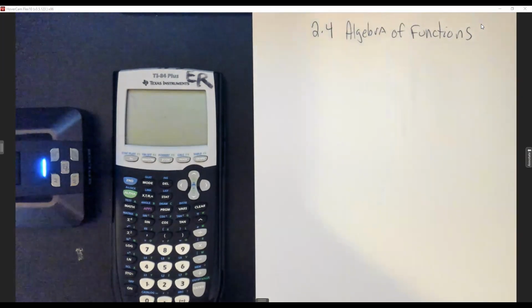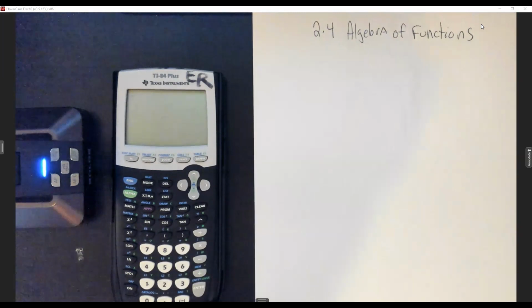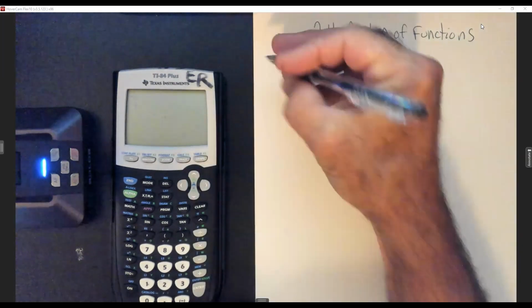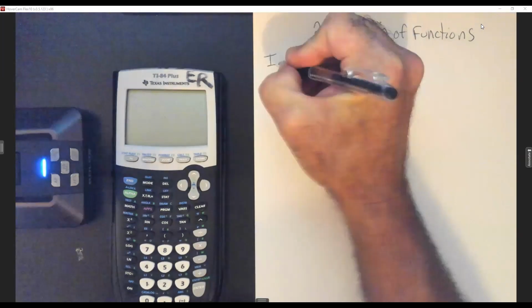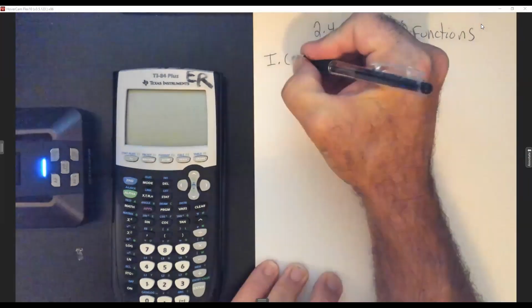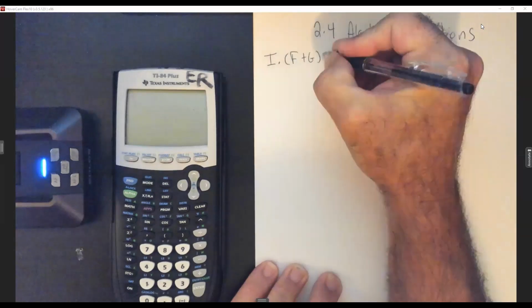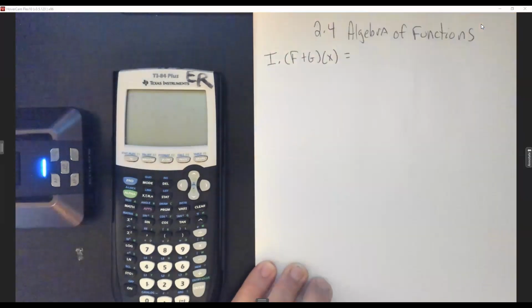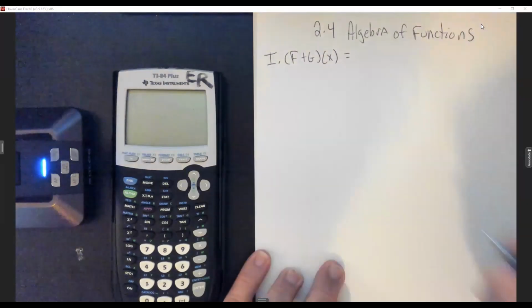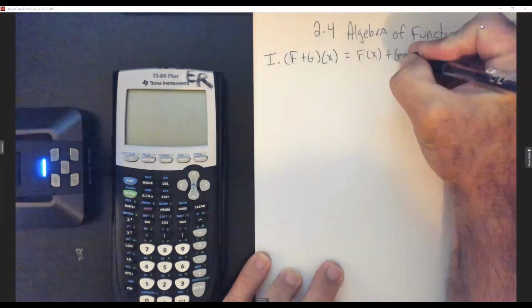Alrighty, y'all. So we're getting into 2.4 today, and it deals with what we call the algebra of functions. There are 4 operations we're going to look at. The first one would be f plus g of x, which is just 2 functions being added, so it would be f of x plus g of x.